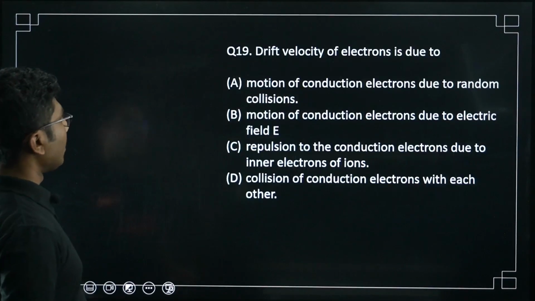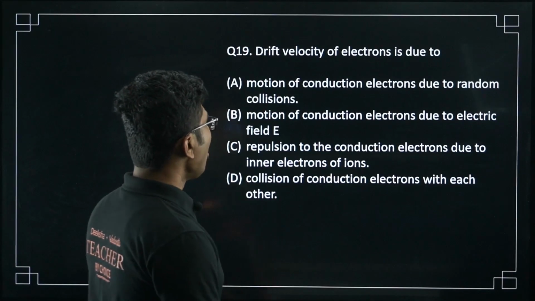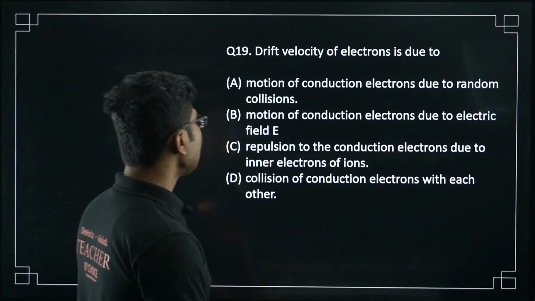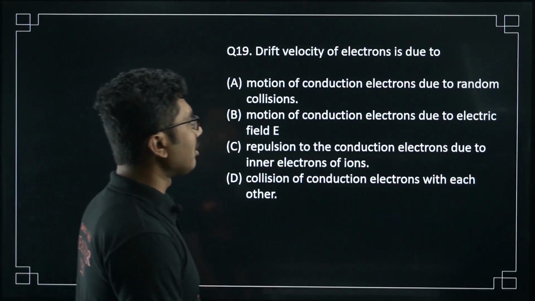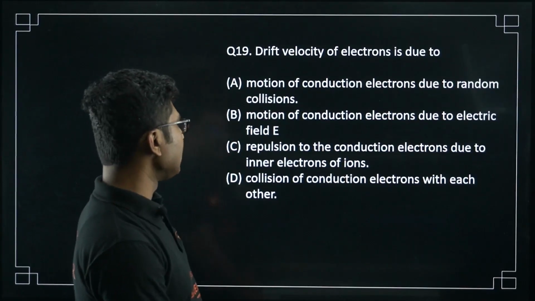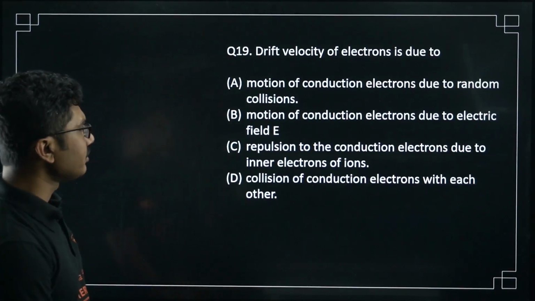Okay, now drift velocity of electron is due to: motion of conduction electrons due to random collisions, motion of conduction electrons due to electric field E, repulsion to the conduction electrons due to inner electrons of ions, or collisions of conduction electrons with each other.